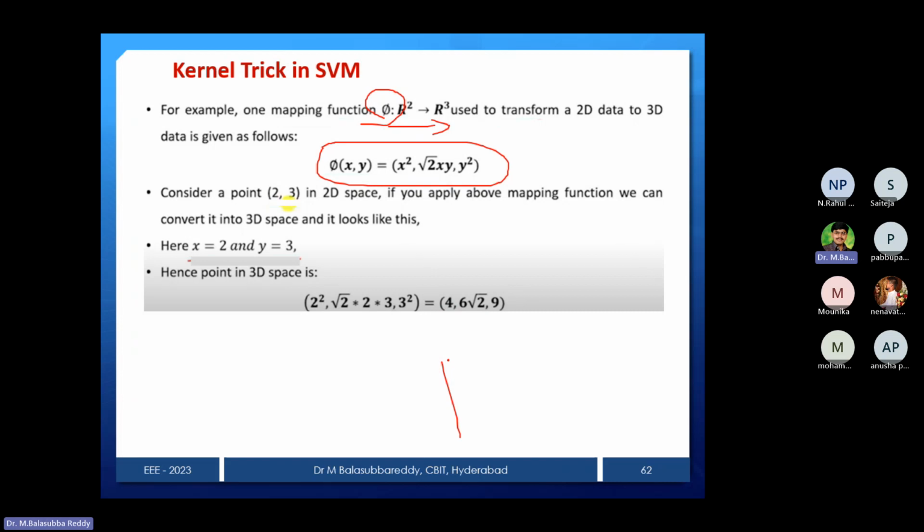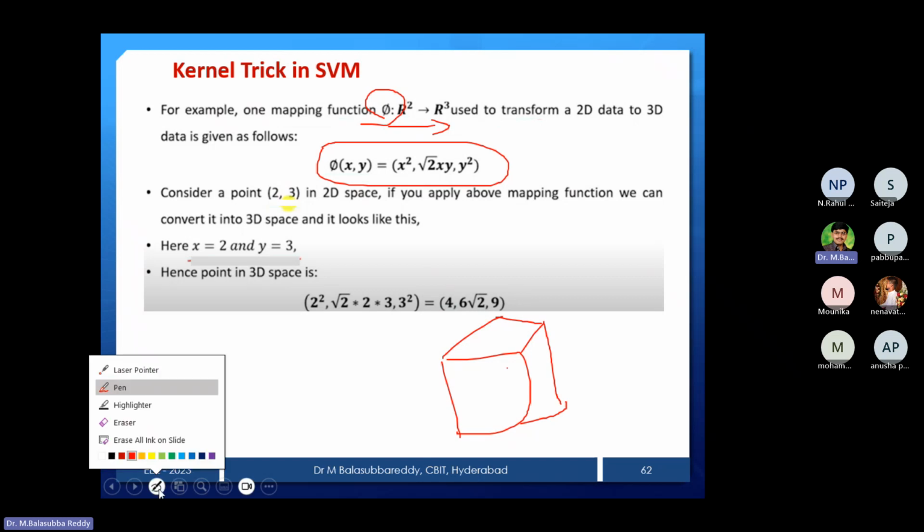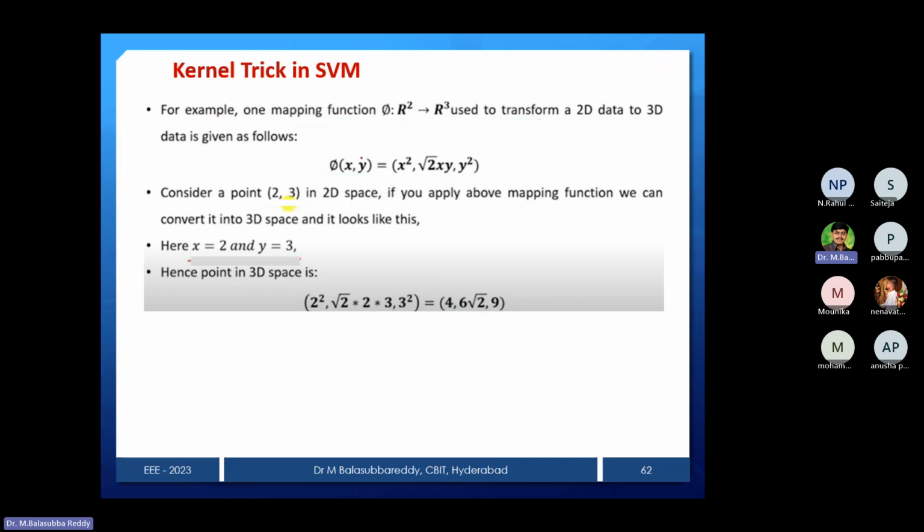Because in the 3D plane, all 3 coordinates are required: x, y, as well as z. So to get a 3D data point, we need the x point, y point, and z point, and correspondingly you can plot a point.